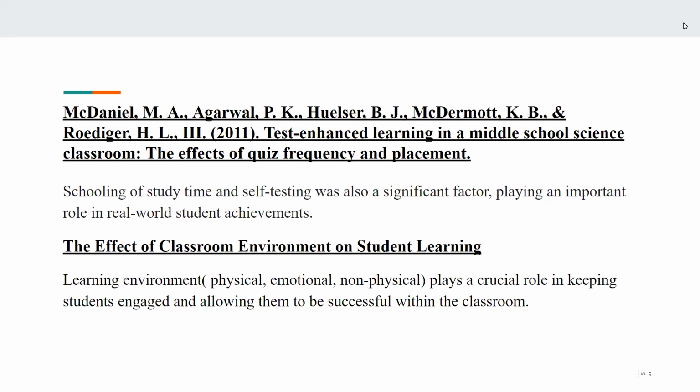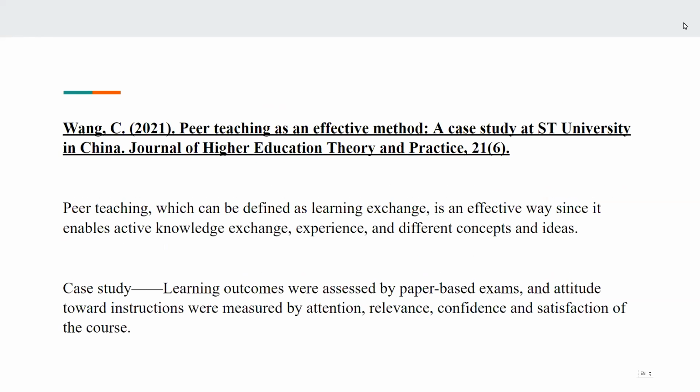The article places an emphasis on the learning environment, which plays a crucial role in keeping students engaged and allowing them to be successful within the classroom. Even though according to our results outside factors have little correlation with students' grades, it still provides a good idea for students. And then next, please.